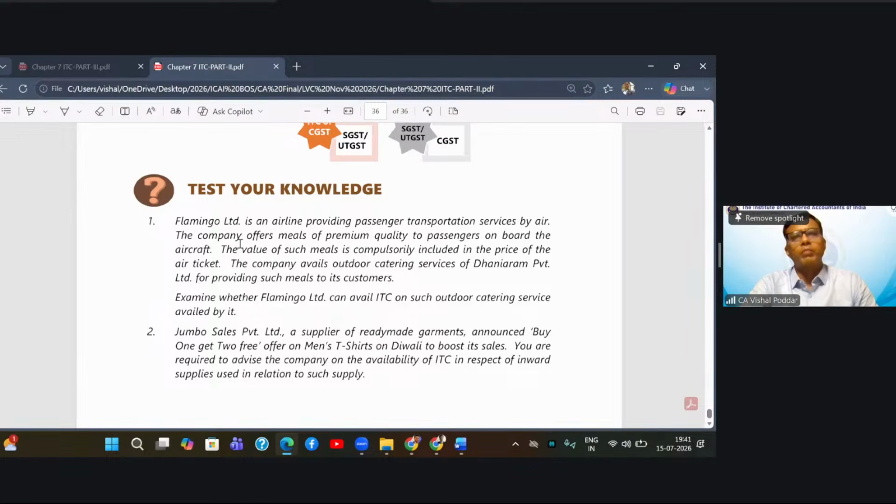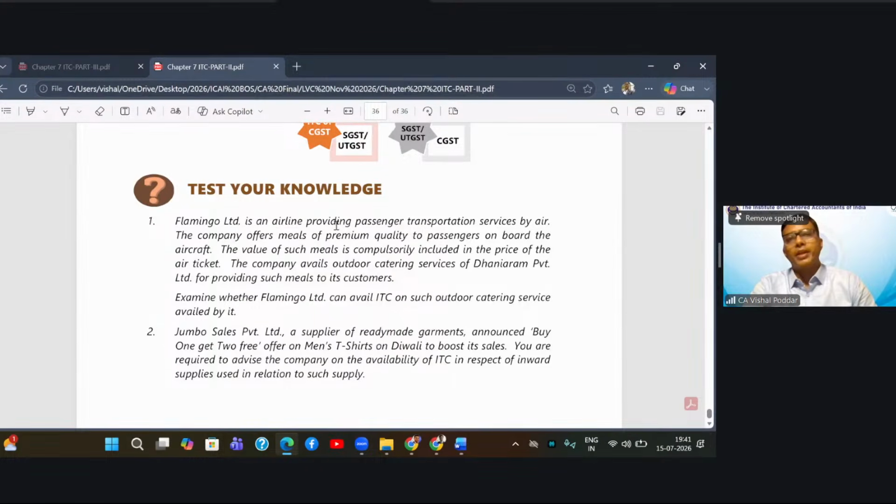So when you come to the case study questions, you have to first apply section 16 to check whether ITC is available, eligible, and then you have to test whether section 17 blockage or reversal is applicable. Once you cross both these barriers, your ITC becomes available, eligible, and then wherever utilization has to be done, you can utilize it. So starting with the first question.